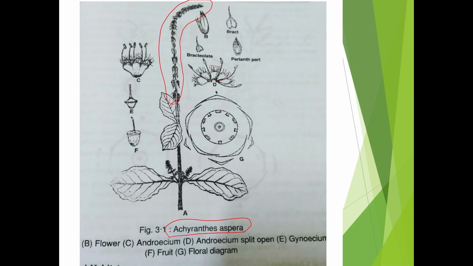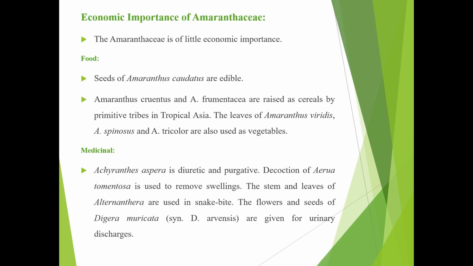If you see the economic importance of this particular family Amaranthaceae, it often has some little economic importance. Some are used as seed, like Amaranthus cruentus and Amaranthus caudatus, whose seeds are edible. Amaranthus cruentus and Amaranthus hypochondriacus are raised as cereals by the primitive tribes in tropical Asia.